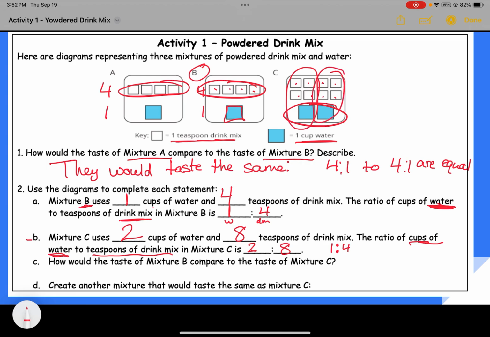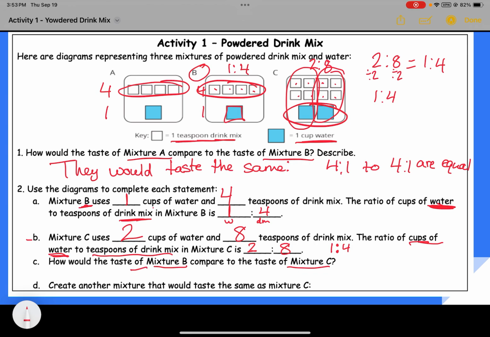Question C says, how would the taste of mixture B compare to the taste of mixture C? So I see that mixture B has a ratio of 1 to 4 if I have water to drink mix. This one has 2 to 8. However, I know 2 to 8 is equivalent to 1 to 4 because if I divide 2 by 2 and 8 by 2, I would get the ratio 1 to 4. So it's like an equivalent fraction.